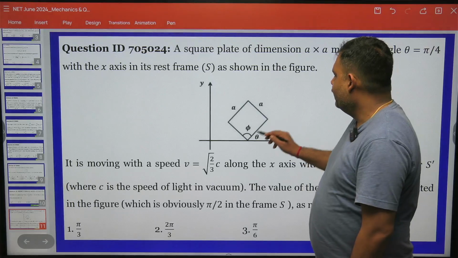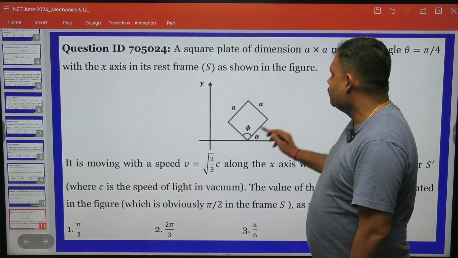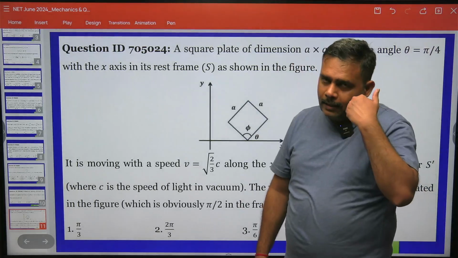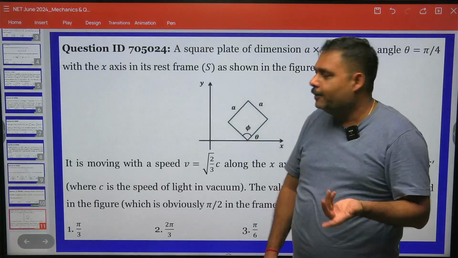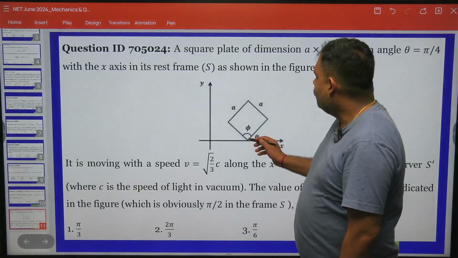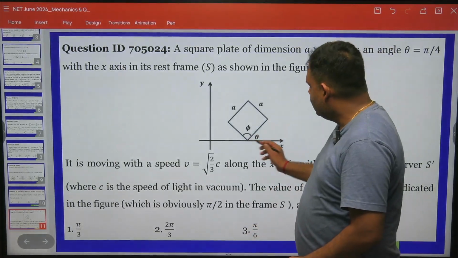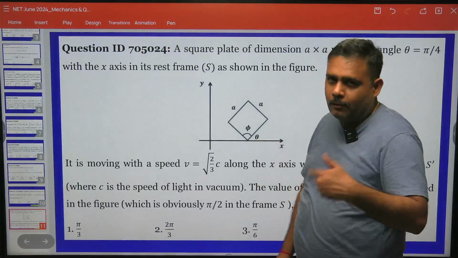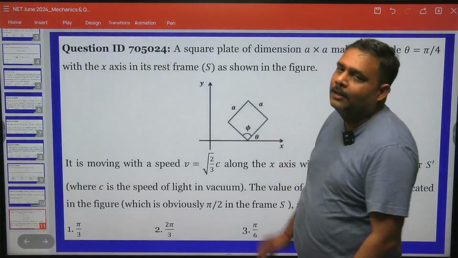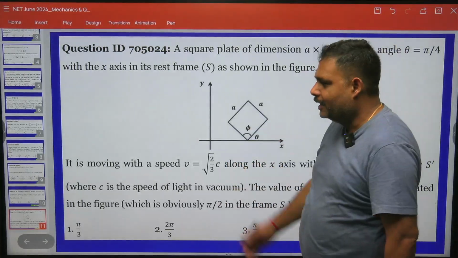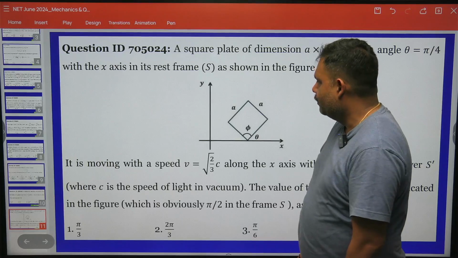We can find how this length is going to be contracted, but we just have to talk about the angle. So we will just say what part of the x part is going to be contracted, and what is happening to the y part, and then we can talk about the angle sense. So let's try to go for this particular problem.